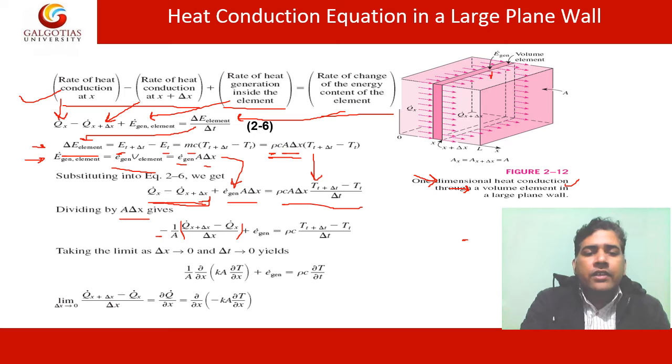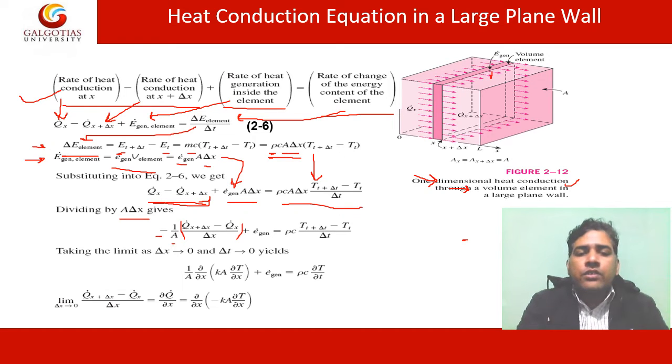Then after dividing this equation by A into delta x, we take A out of this bracket and put delta x within this bracket. So within this bracket the quantity will be (qx plus delta x minus qx) upon delta x, plus e generation, because since we have divided by A delta x, A delta x divided by A delta x will be 1.